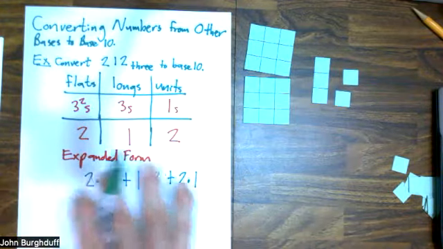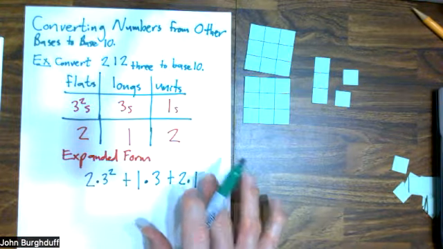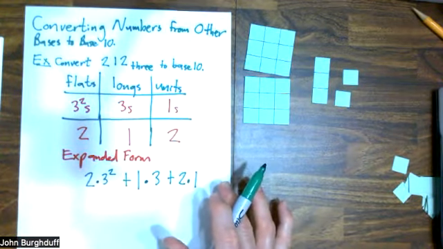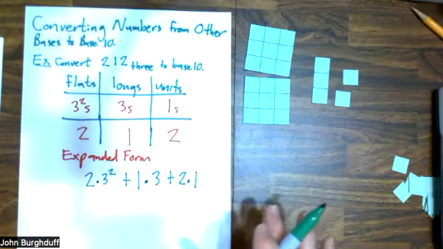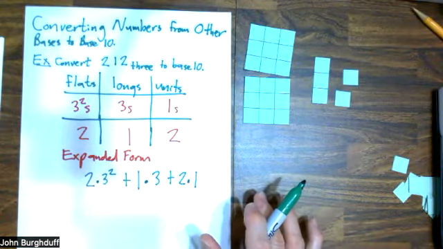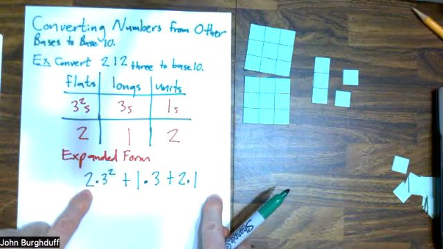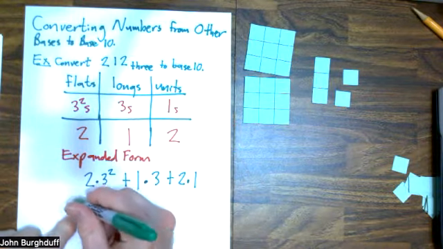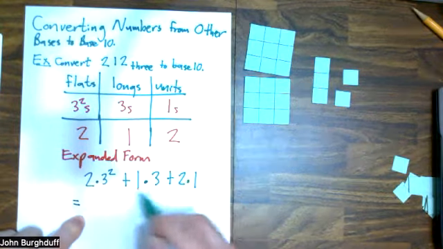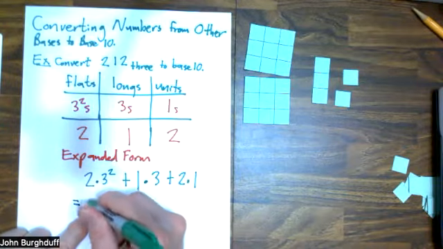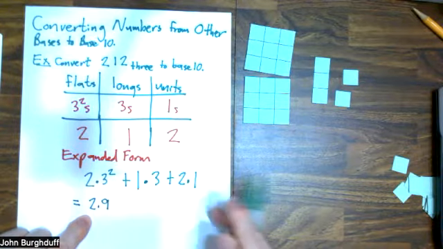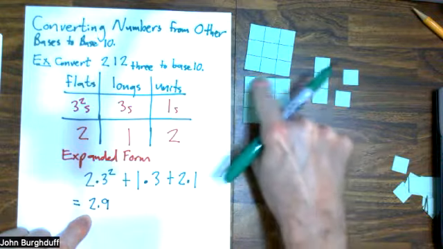Now, why do we write that in expanded form? Because essentially, expanded form tells you the calculation that you will need to do to convert this to a base 10 number. This simply is an operation that we can take care of, so let's just do the math and see what we get. So 3 squared is 9. Let's just do that much first. That means that each flat consists of 9 units.